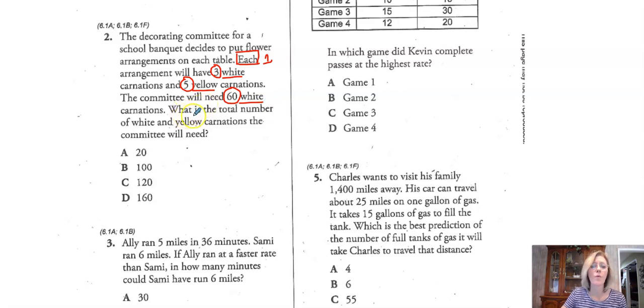Okay. What is the total? So we need a total number of white and yellow carnations the committee will need. I want you to take the information that we've thought through, pause the video, solve, come back when you're done, and we'll talk about the answer. See you when you get done.